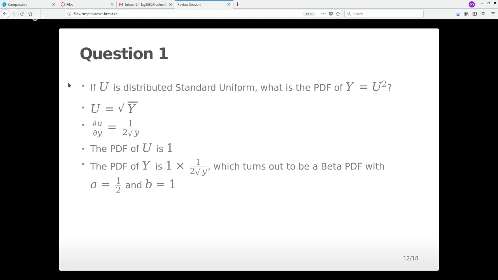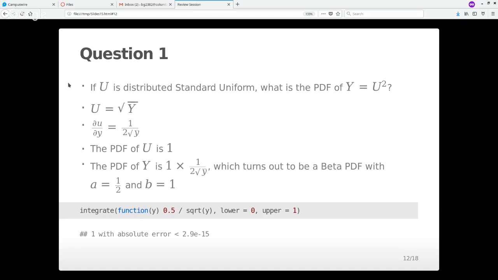But those are the steps every time you're doing one of these univariate, what's the distribution of a transformed random variable questions. And you can always make sure your conclusion is right by just doing the definite integral over the whole sample space of what you think is the right answer.